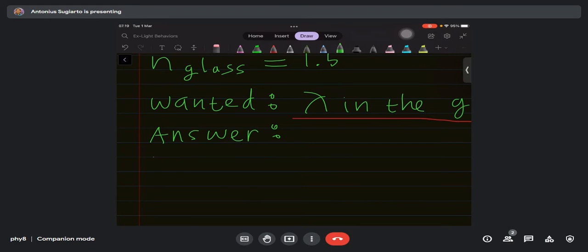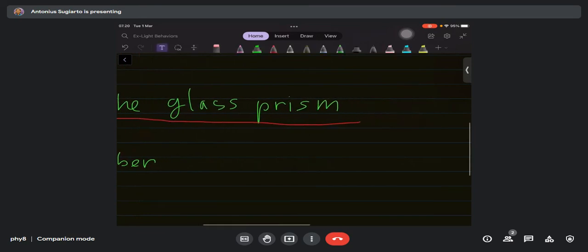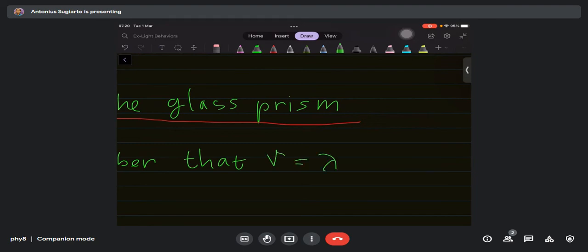You have to remember that V equals lambda times f.